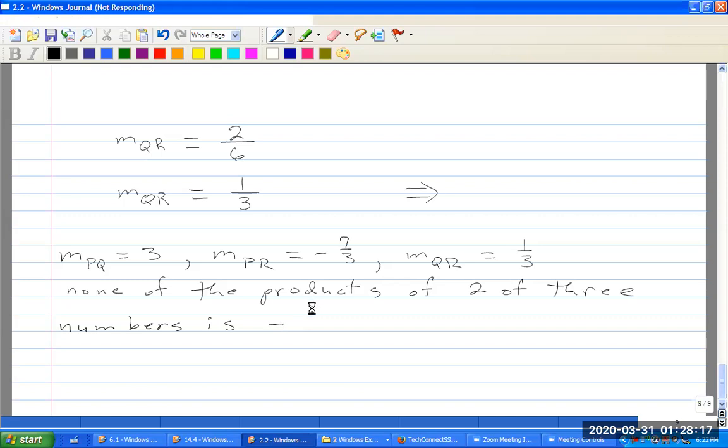Certainly 3 times -7/3 is not equal to -1. And 3 times 1/3 is 1, not -1. -7/3 times 1/3 is not -1. So that means that none of these are perpendicular.